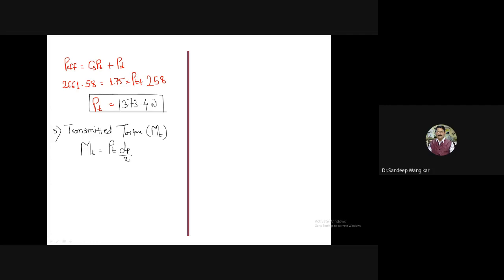We have calculated this PT, so MT is equal to 1373.4 into dP by 2. dP is 48 divided by 2. So you will get the answer for MT in Newton millimeter.